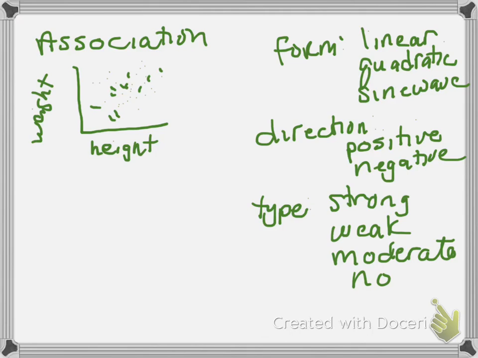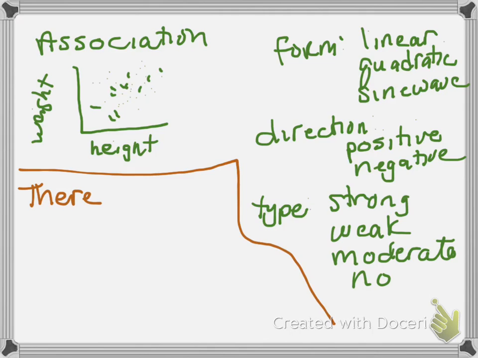Okay? Now let's look back over here at my height and weight. Do you see that the dots are relatively close to each other? So if I was to ask you to describe the association between height and weight, I would say that there is a strong, positive, linear association between height and weight.